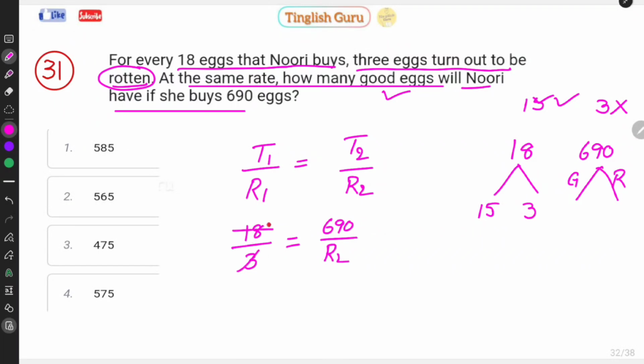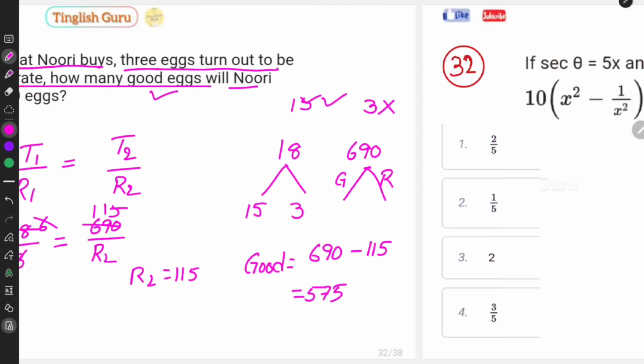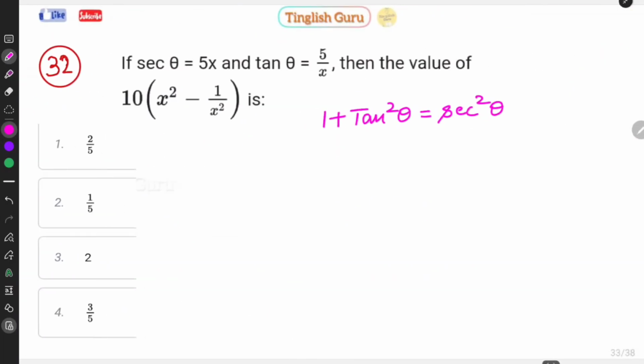So just cancel it: 3 6s are 18, and 6 1s are 6, and 6 1s are 6, 6 5s are 115. So rotten x is equal to 115. In the question we are asked to find good eggs. Good eggs is equal to total eggs minus rotten eggs, that is 575. Option 4.